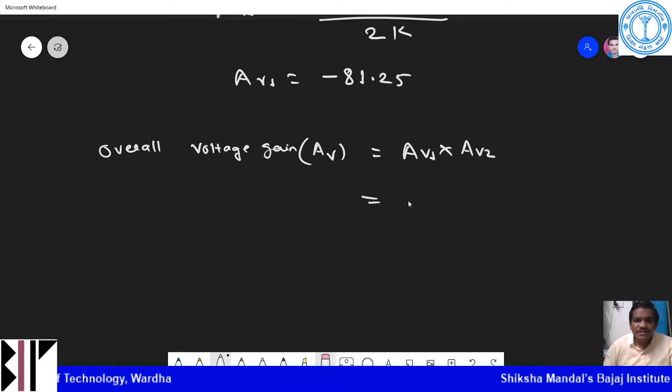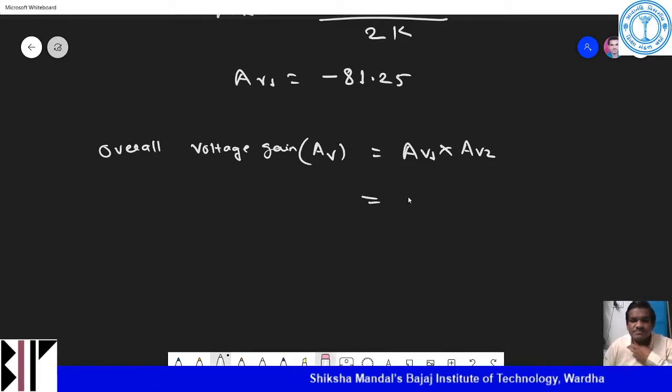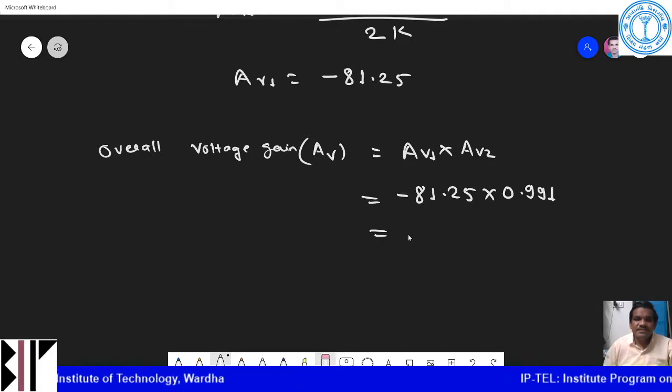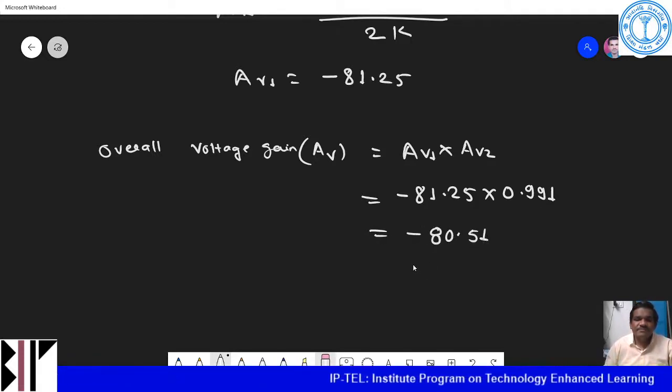Voltage gain 1 is this value, minus 81.25, multiplied by 0.991, and it comes out to be minus 80.51.